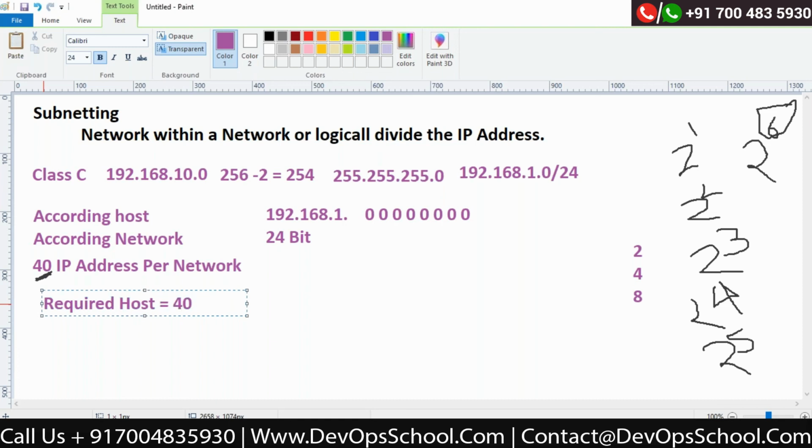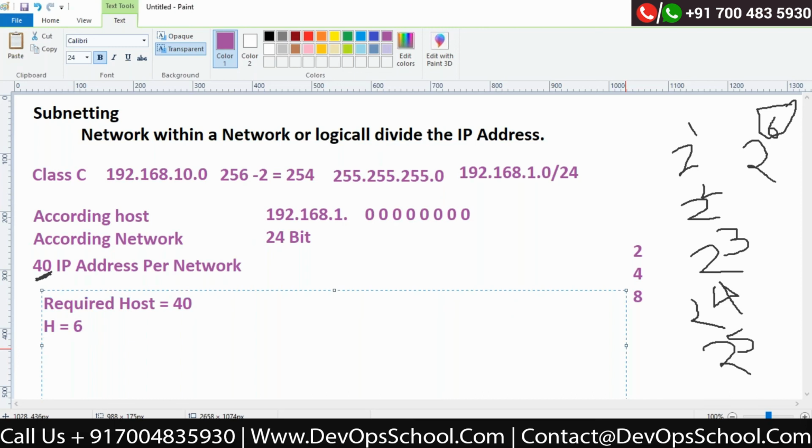Correct? This is what we require. And I'm able to get this, the host bits, I will say H, if I go 2 raised to 6. Correct? So H would be my host bits. If I occupy the 6th bit, I would be able to get the required hosts. So this is 6, not 2 raised to 6. It is just 6.